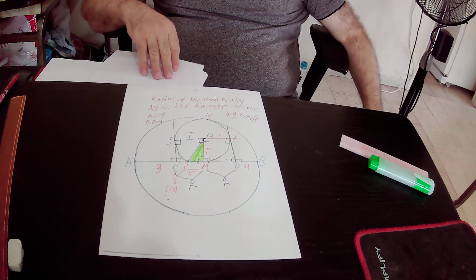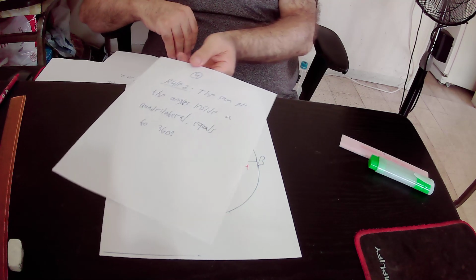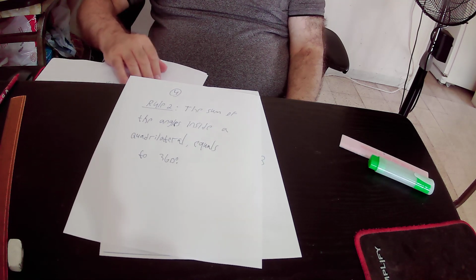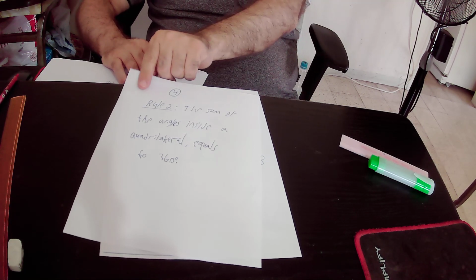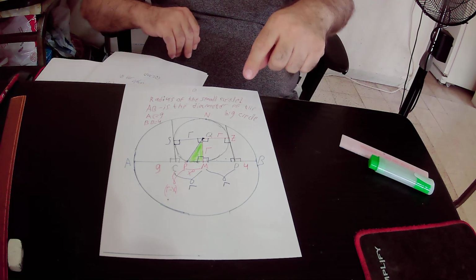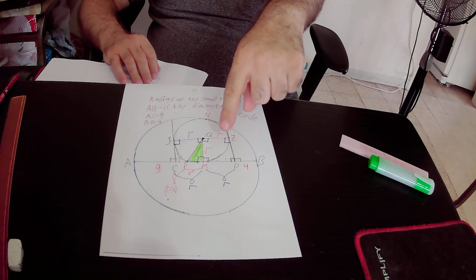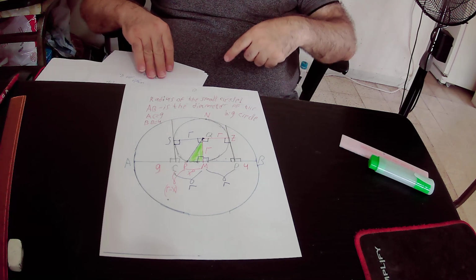And we have rule number 2, that states that the sum of the angles inside a quadrilateral equals 360 degrees. So especially in this quadrilateral QZMD, the sum of its 4 angles must be equal to 360 degrees.